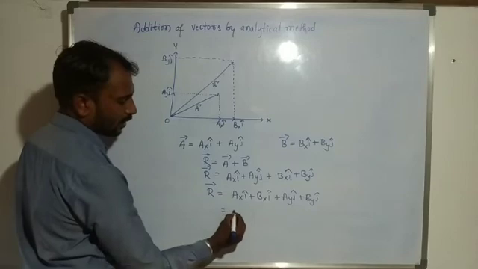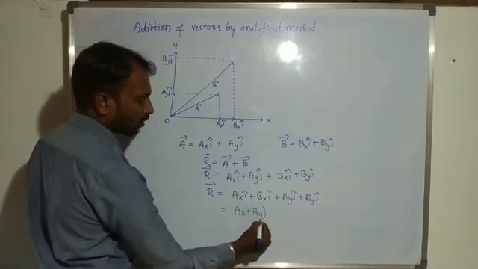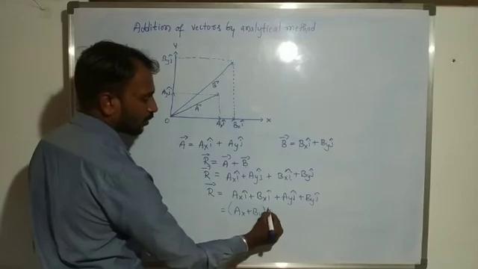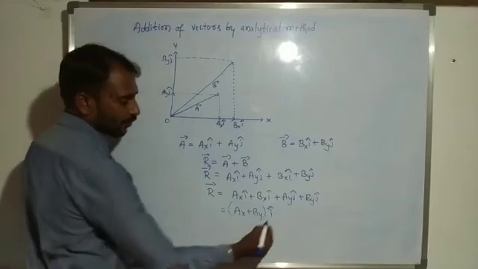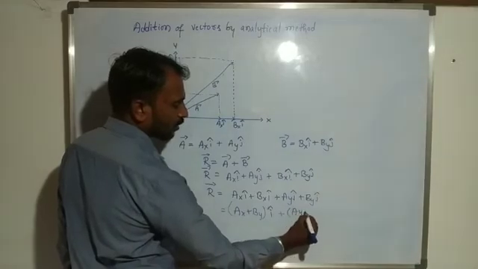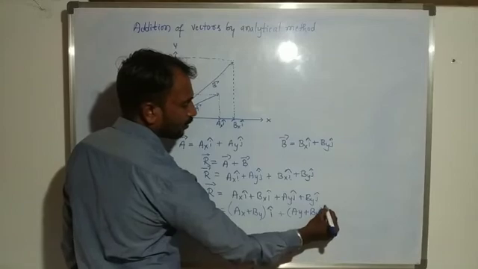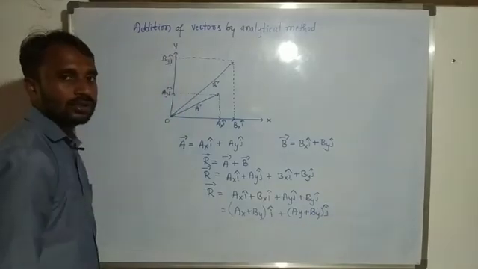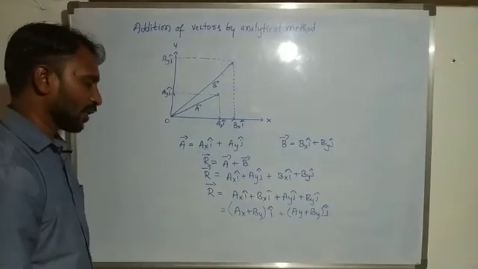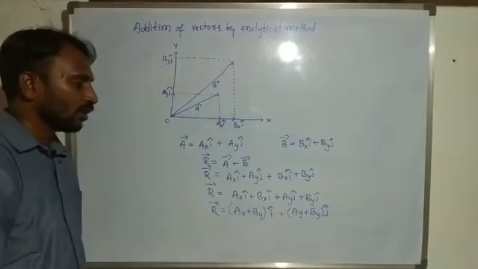So (Ax plus Bx) into unit vector i cap plus (Ay plus By) into unit vector j cap. This is the resultant vector.